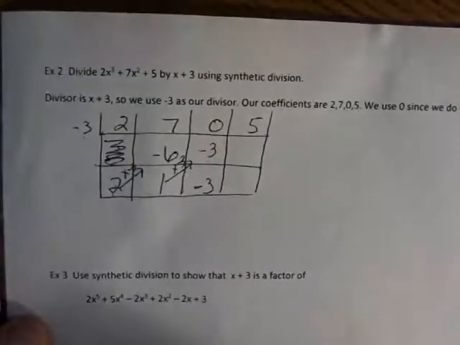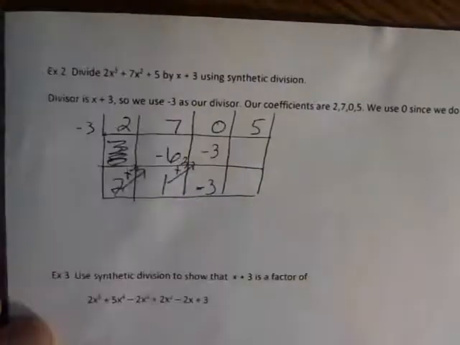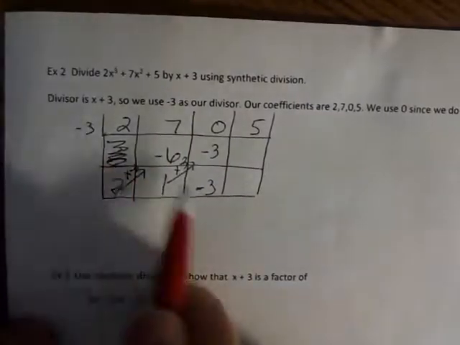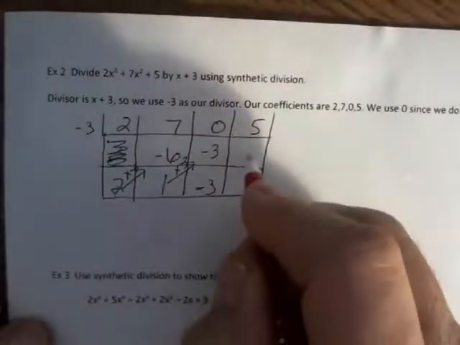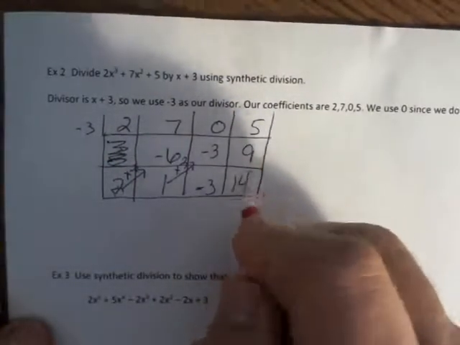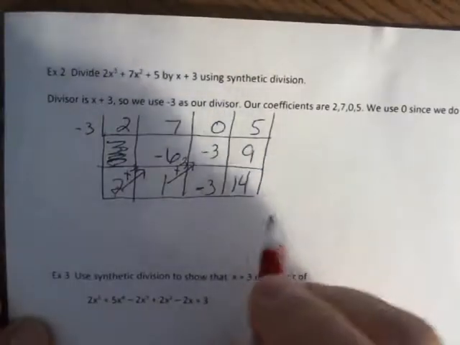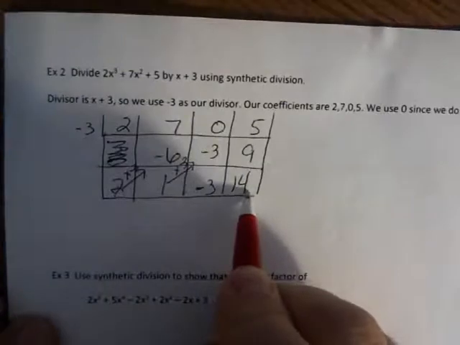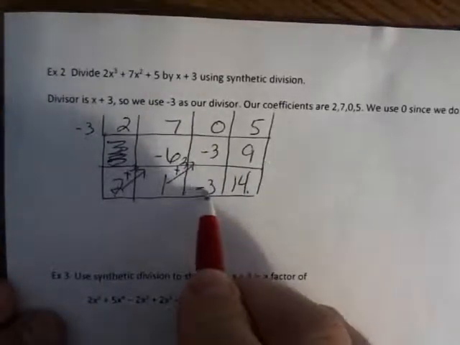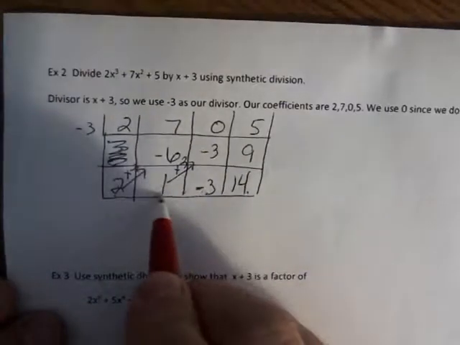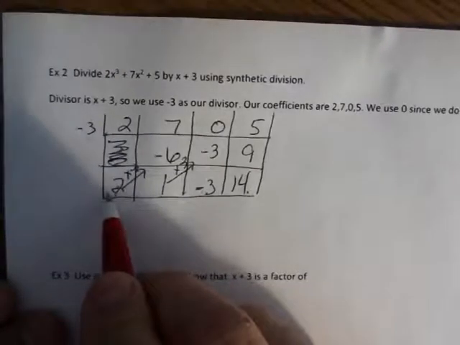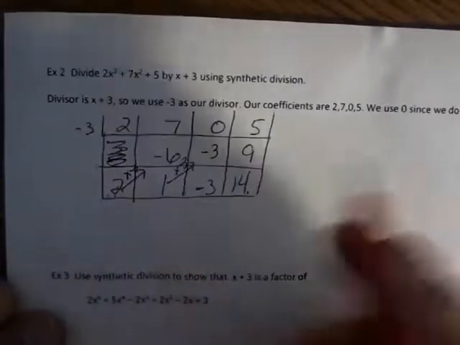Again, multiply. Negative 3 times negative 3 is 9. 5 plus 9 is 14. So remember, this is your remainder. Constant term, coefficient of x squared.